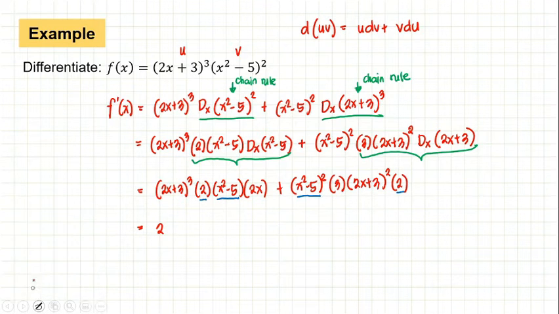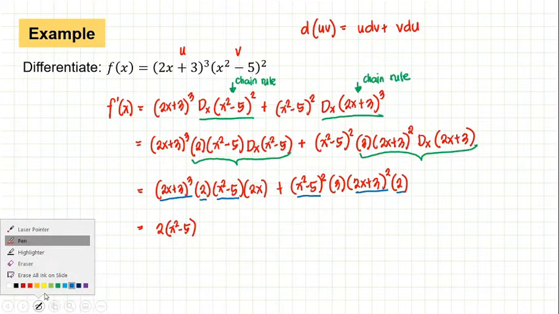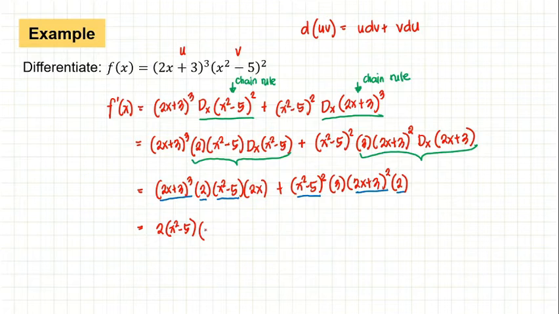So we have x squared minus 5. And we also have 2x plus 3 to the power of 3. Okay? So take the smaller exponent. So we have 2x plus 3 to the power of 2. So we factor that out.